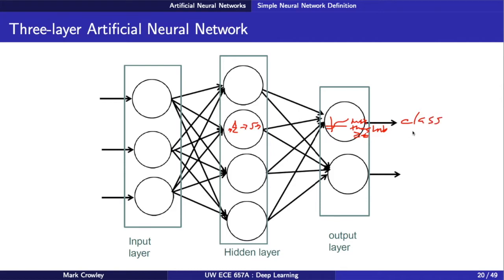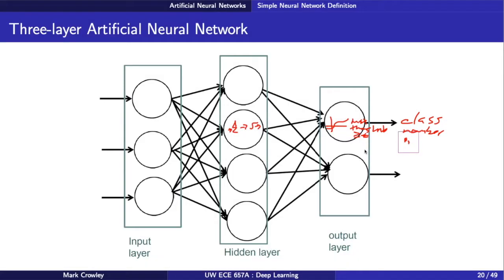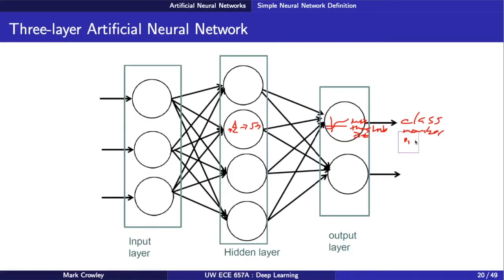And this can be a class, it could be a number, it could be a pixel, some kind of output that you can use to answer your problem.